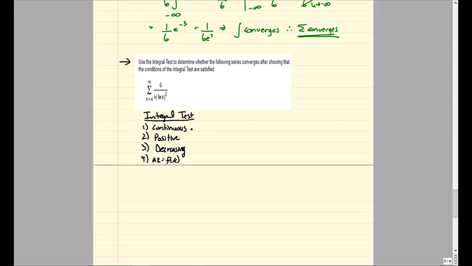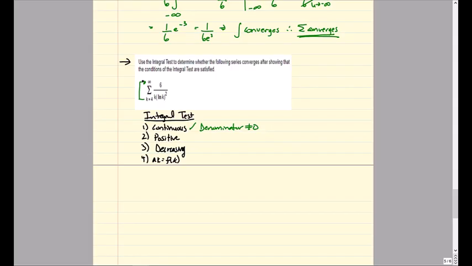So is this continuous? Yes, it is continuous because the denominator can never equal 0. It can never equal 0 because I'm starting with k equal 4 and I'm going up toward positive infinity. So k can't equal 0. And then the natural log of 1 would be 0, but 1's not in the domain.